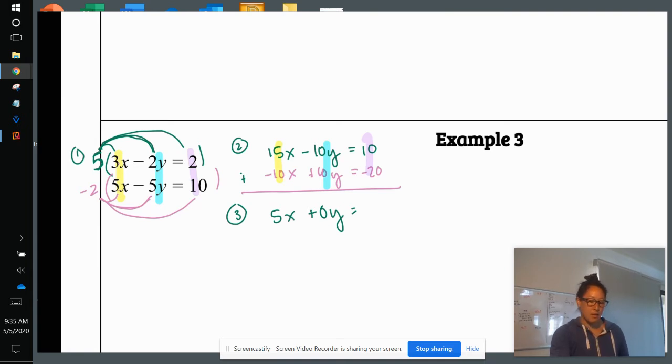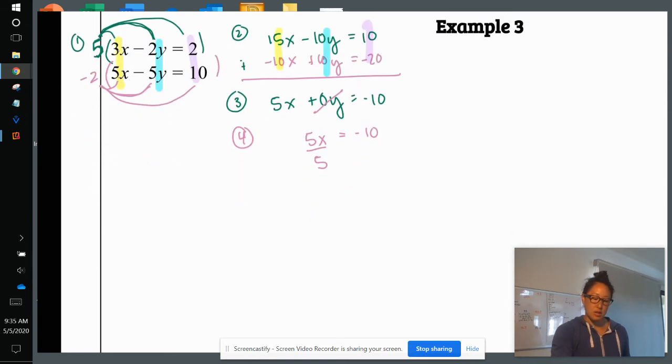Purple, 10 minus 20 gives me negative 10. We're solving for our variable, so 0y's. We're going to rewrite this as 5x is equal to negative 10. We can go ahead and divide by 5 on both sides, again showing your work. Okay, so I now have the value of 1x is equal to negative 2.